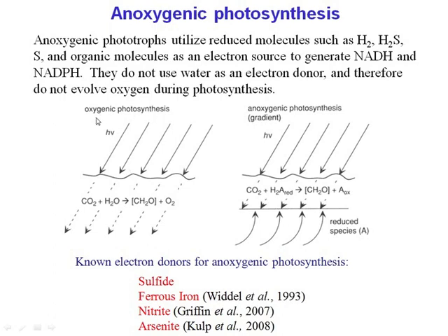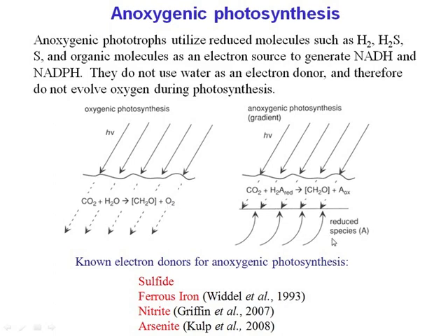In the case of oxygenic photosynthesis, used by green plants, they can live anywhere that they have light and water, because they take the water, split the molecule, and use hydrogen as a reductant to fix CO2, and in the process they produce oxygen that we all breathe.